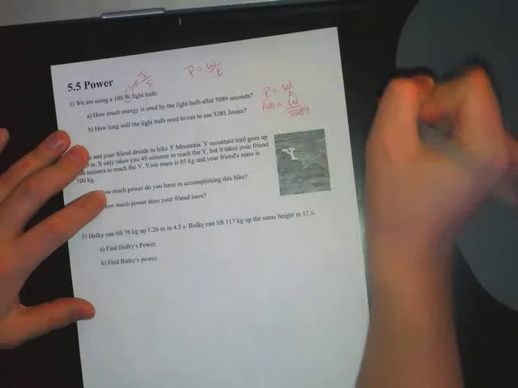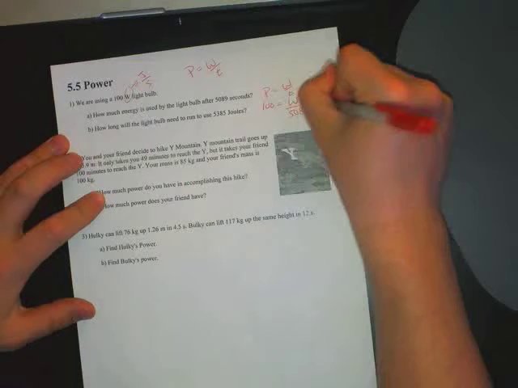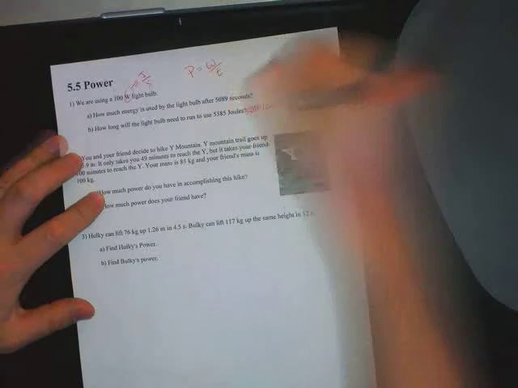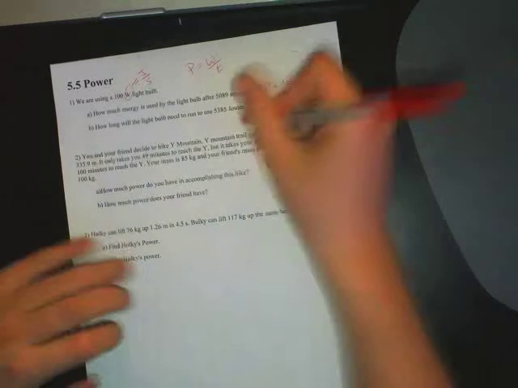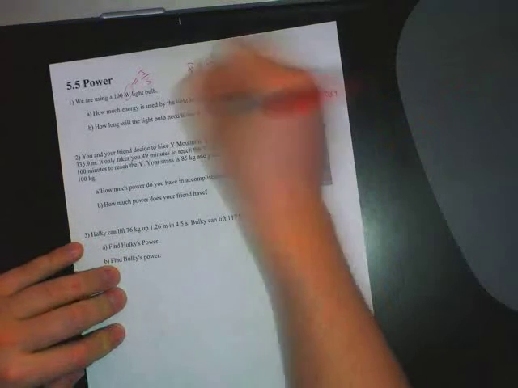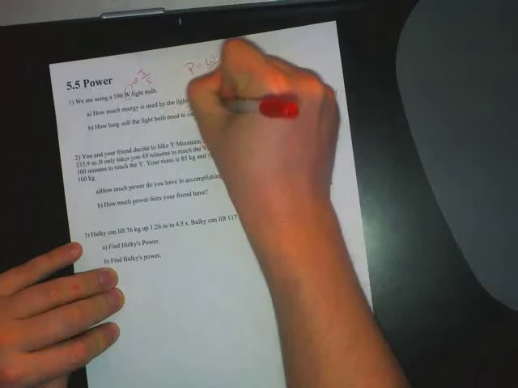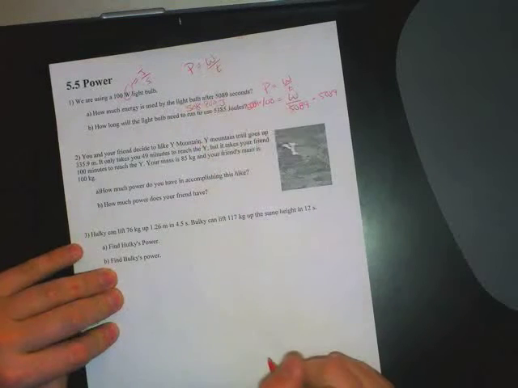So we multiply both sides by 5089, and calculator says, I don't know why I'm using a calculator, I just add 2 zeros on the end, but whatever. The answer to A is 508,900 joules.